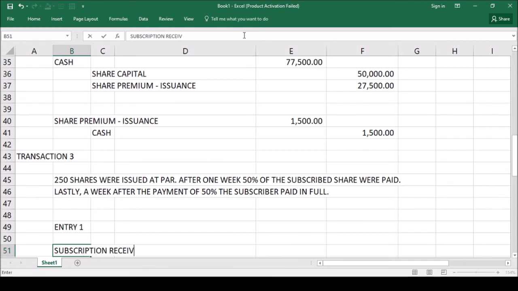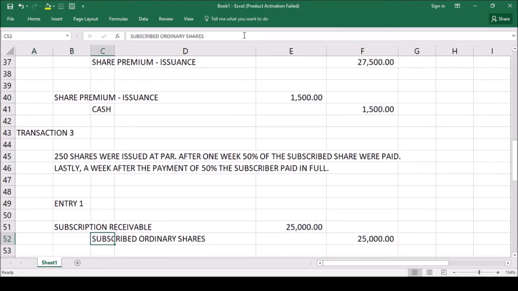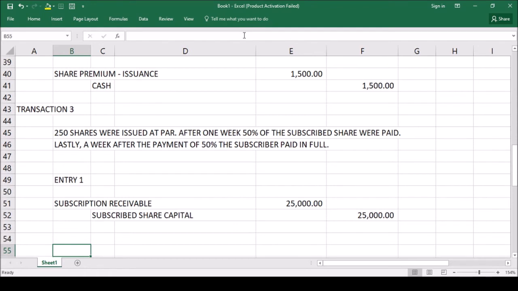Subscription receivable amounting to, since it's at par, take note the par value was 100, so 250 times 100, that is 25,000, and then credit subscribed ordinary shares at 25,000. Oh, let's not use subscribed ordinary share because the type of share was not specified. Subscribed share capital of 25,000.